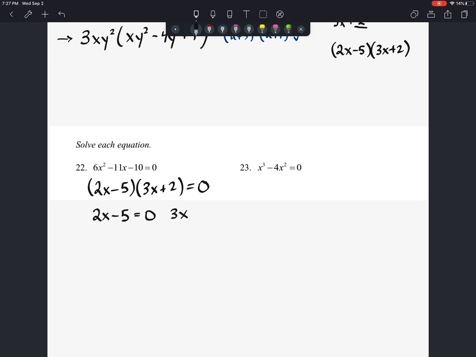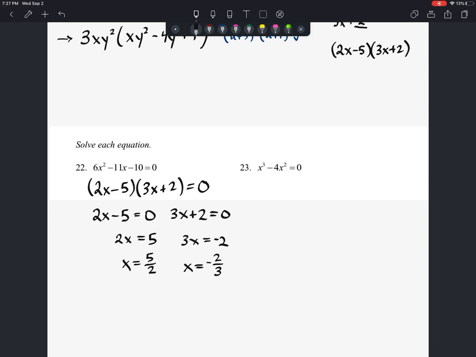So 2x minus 5 equals 0, 3x plus 2 equals 0, and we solve it to get x is equal to 5 halves, or x would equal negative 2/3. Both very nice values. All right, moving on to 23.